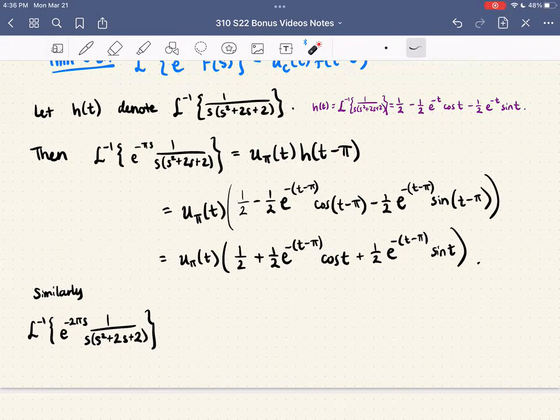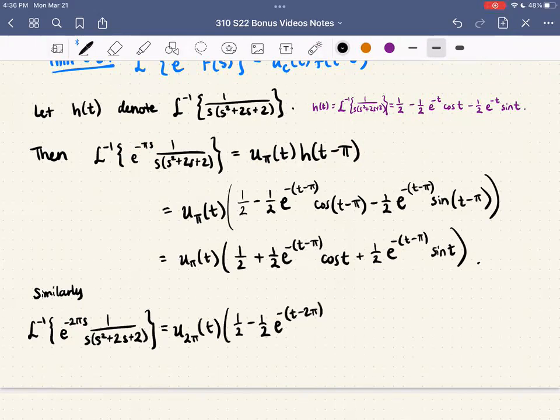So you can go ahead and check that this would give me u sub 2 pi of t times a half minus a half e to the negative, and then in parentheses, t minus 2 pi cosine t minus 2 pi minus a half e to the negative t minus 2 pi times sine of t minus 2 pi.